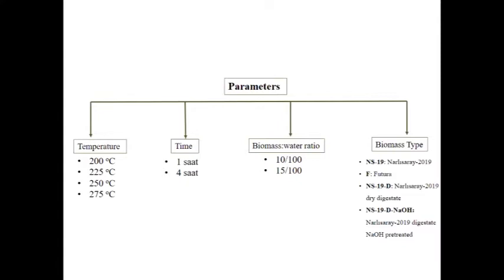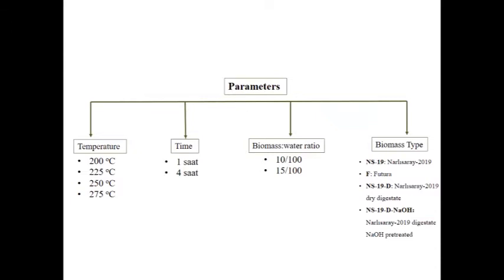Parameters in that project: temperature, we try to keep at 200, 225, 250, and 275. And time, we took 1 hour and 4 hours. Biomass to water ratio is 10 to 100 and also 15 to 100.